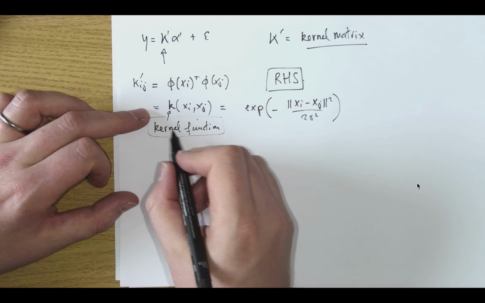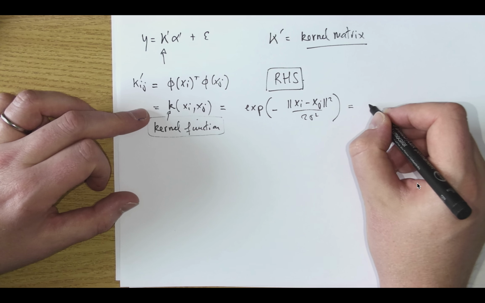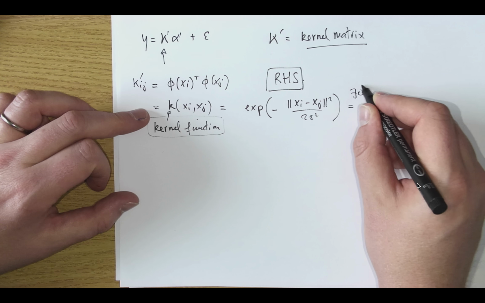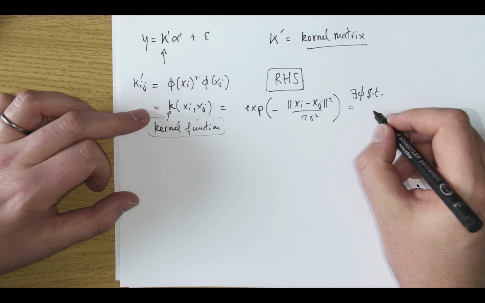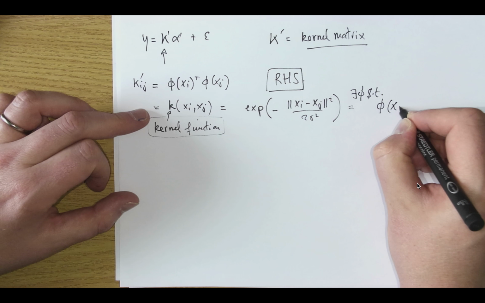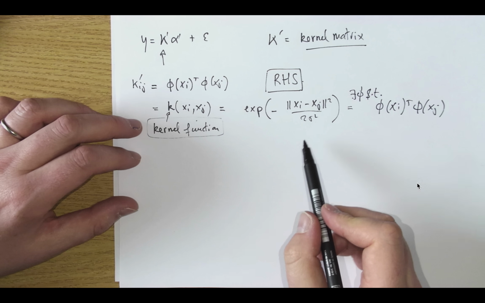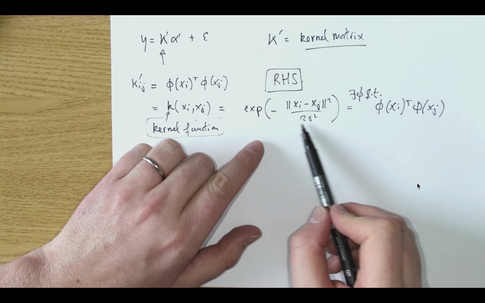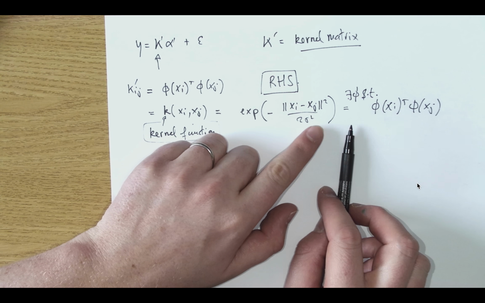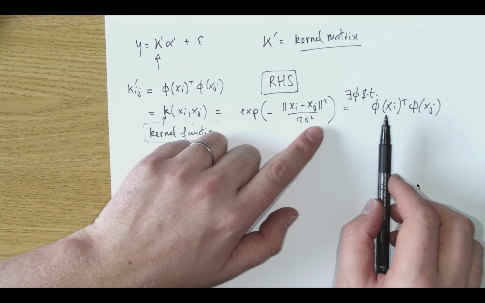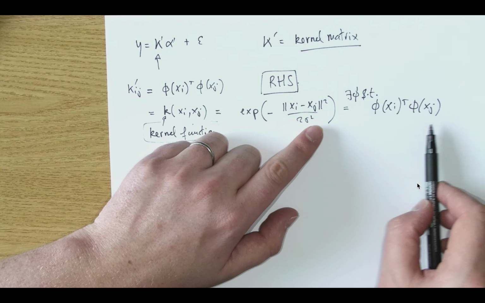Okay, so we know that there exists a phi such that phi xi transpose phi xj. Okay, so we know from this theorem that defining this function this way is okay, and there exists a phi transformation mapping on the features that allows you to do that.